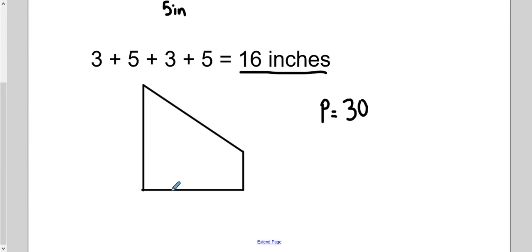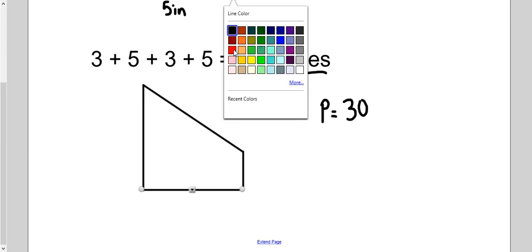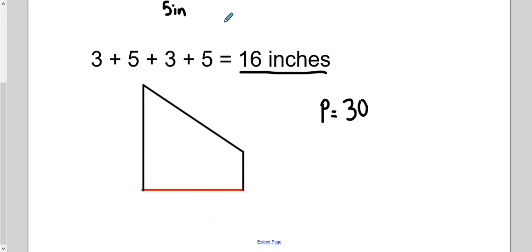So whatever this side is, let's just say that this side right here, we know that the length of this side is 7 inches.